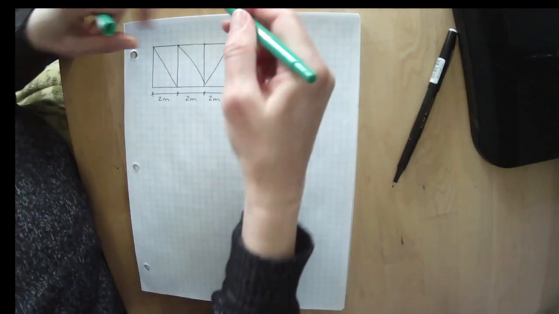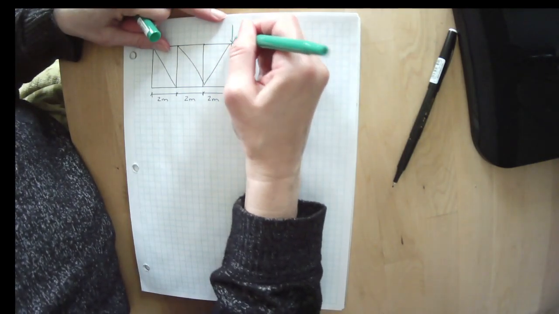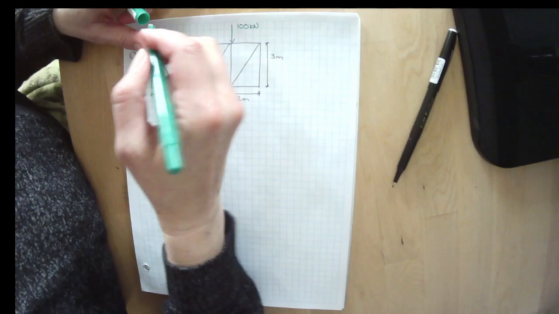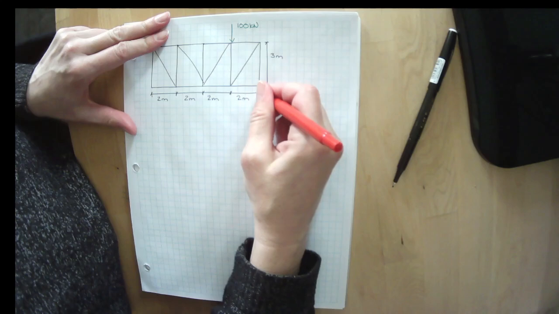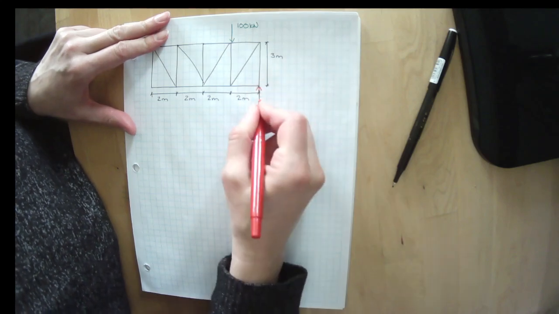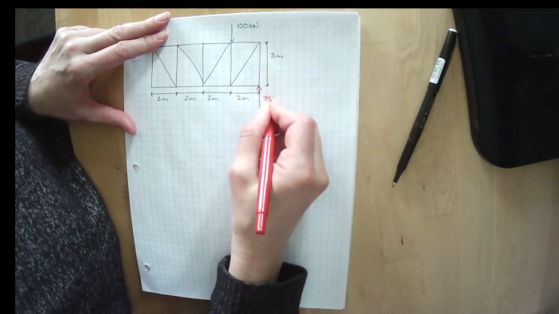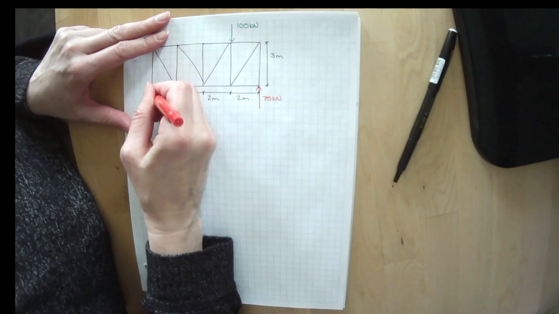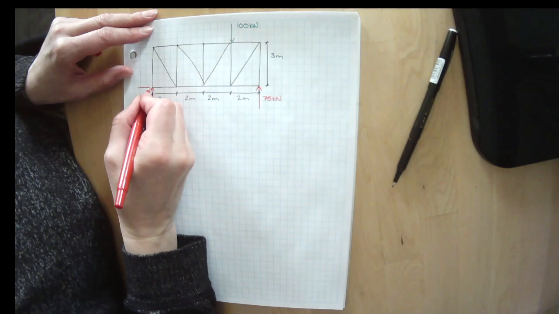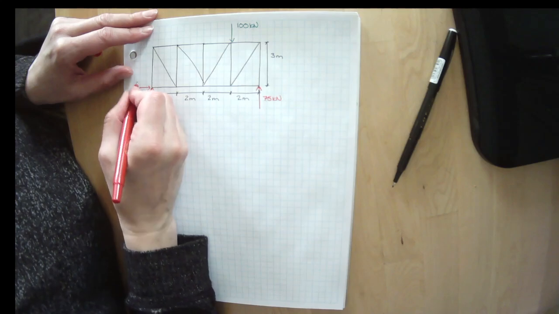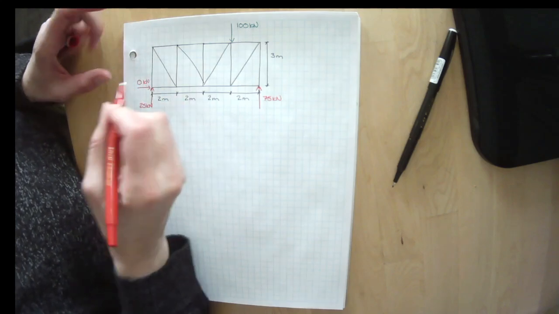We know that there was an applied load of 100 kilonewtons right here. We've already solved for the reactions, and we know that this is 75 kilonewtons, and we know that this is 25 kilonewtons, and we know that that is 0 kilonewtons.